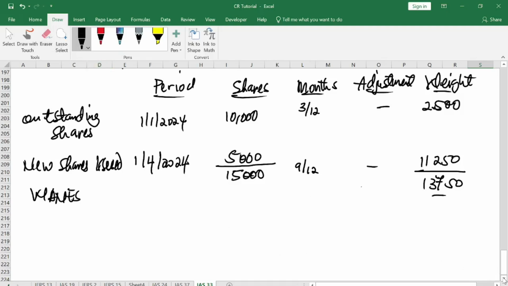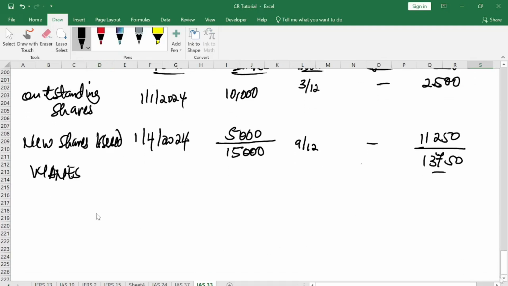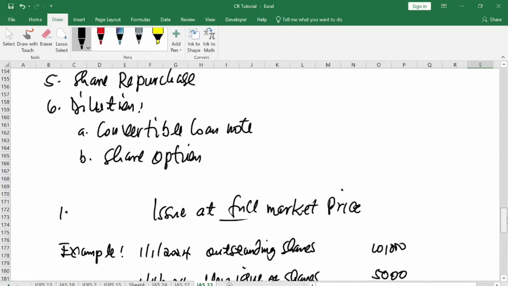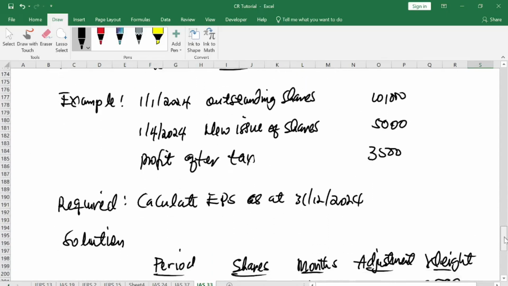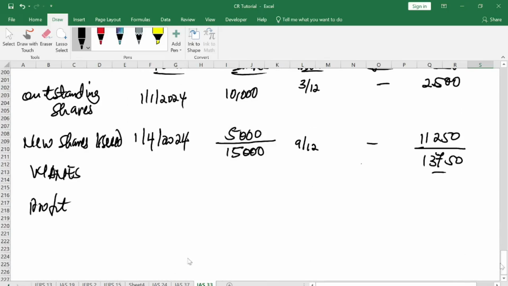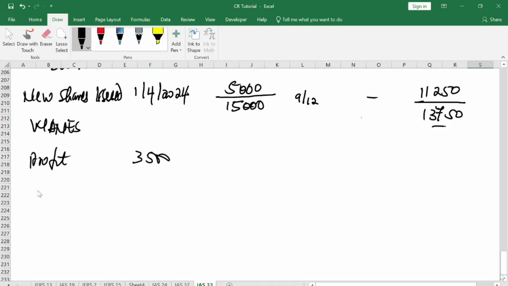Thank you. So when you are done, if they say you should find the basic earnings per share, they will give you profit. Profit after tax is 3,500. Okay, 3,500. So what is your basic earnings per share? Your basic earnings per share will be your profit divided by your weighted average number of shares.